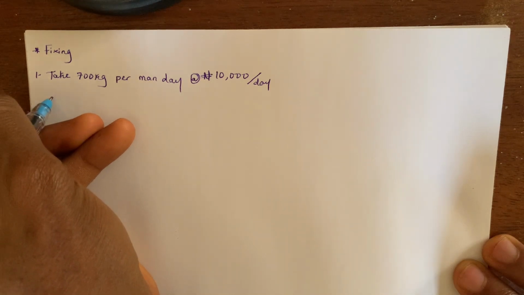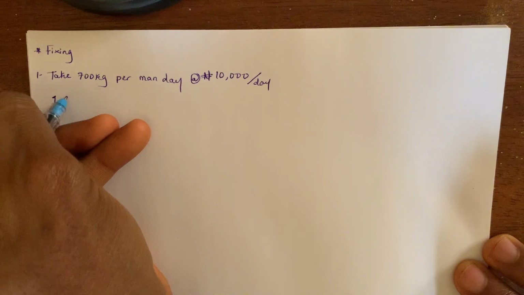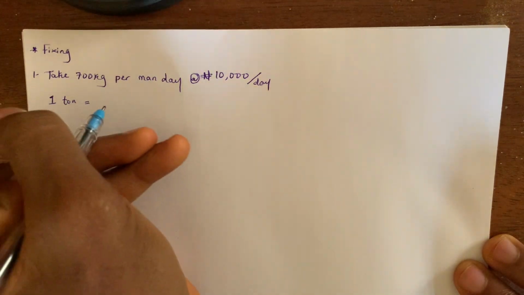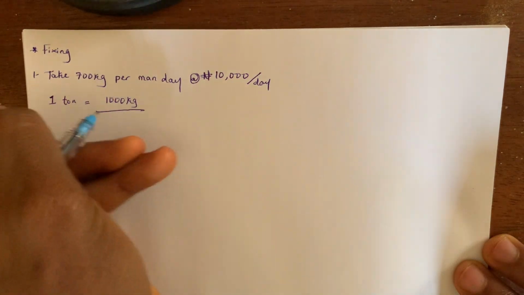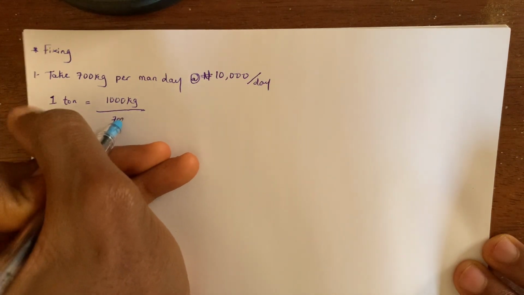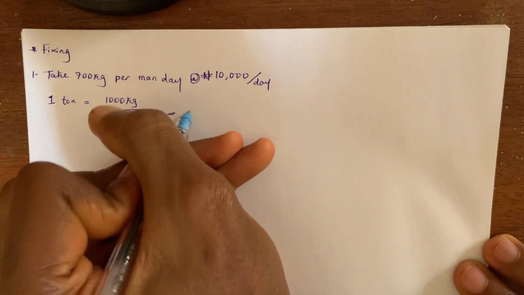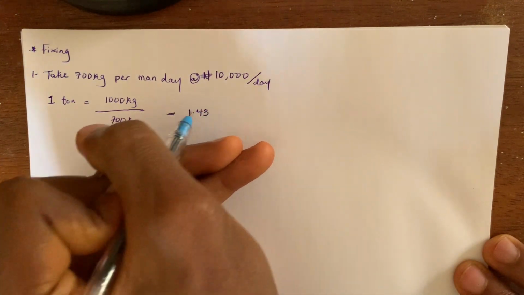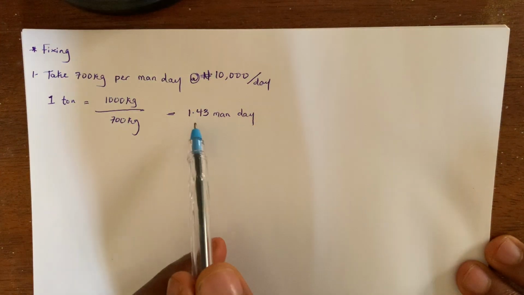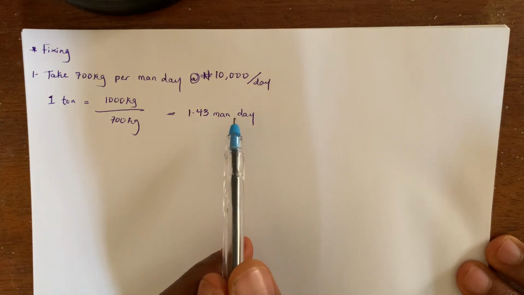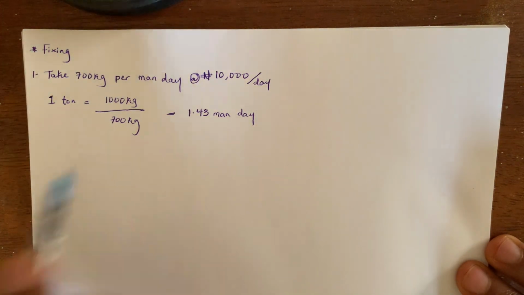How long will it take them to fix 1 ton of reinforcement? 1 ton, which is 1,000 kg, divided by their productivity, 700 kg, is equal to 1.43 man day. So it will take them 1.43 days to fix 1,000 kg of reinforcement. So we can now attribute cost to it.